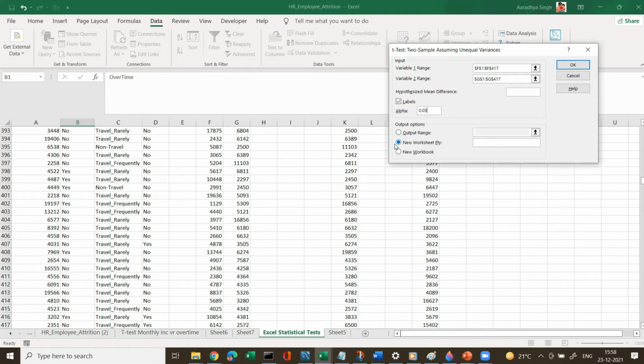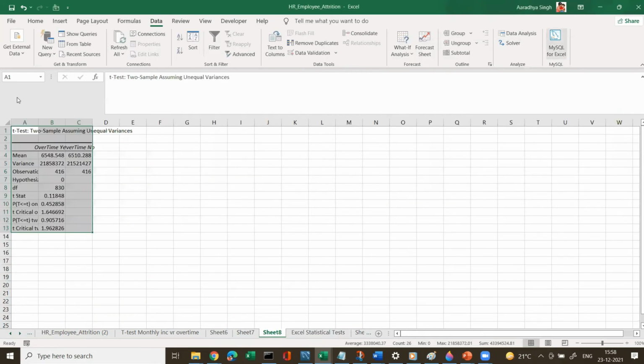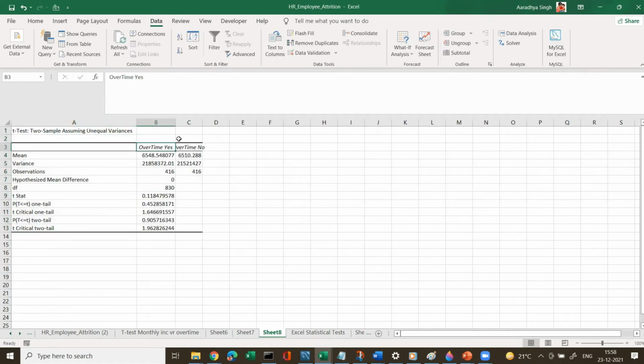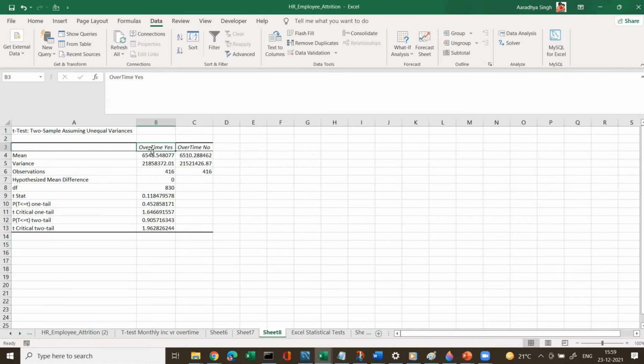I'm going to put the result in a new worksheet and I'll quickly hit OK. Now this is the result of the two-sample test assuming unequal variances for the sample where we had employees who did overtime versus employees who did not do overtime.